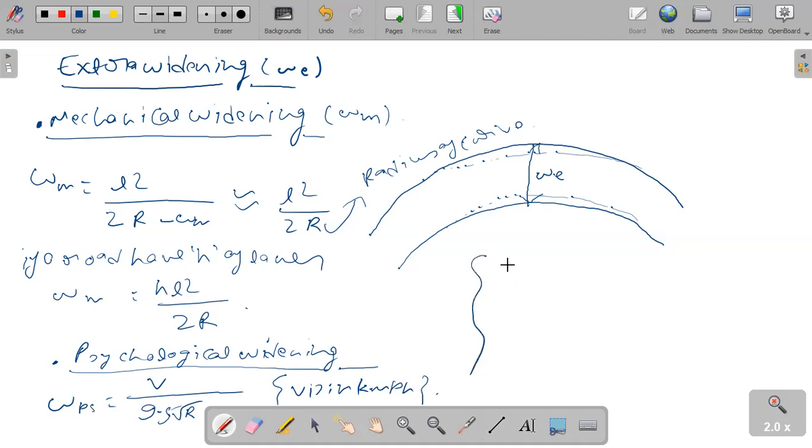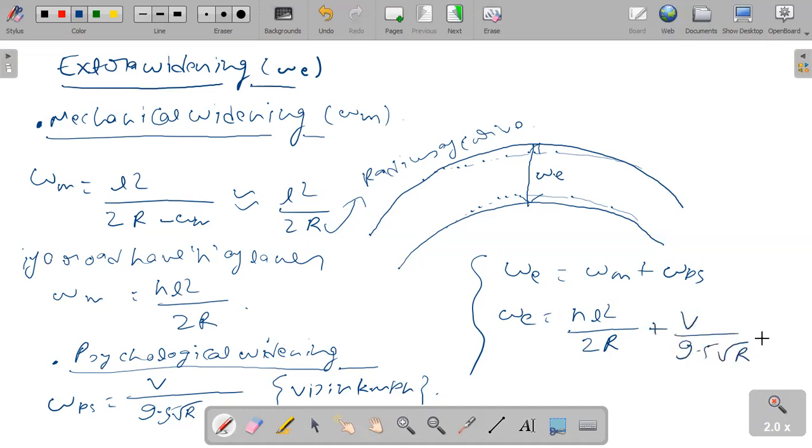So what is our total extra widening? That is We is equal to Wm, mechanical widening, plus psychological widening. It is equal to nL square by 2R for n lanes plus V upon 9.5 under root R, in meters. This is our total extra widening.